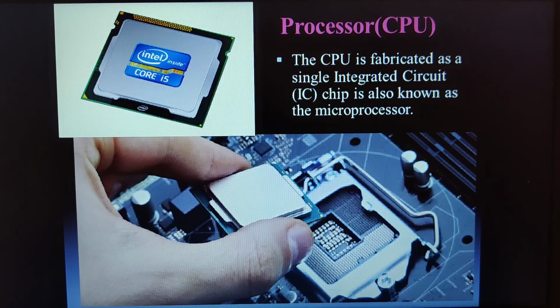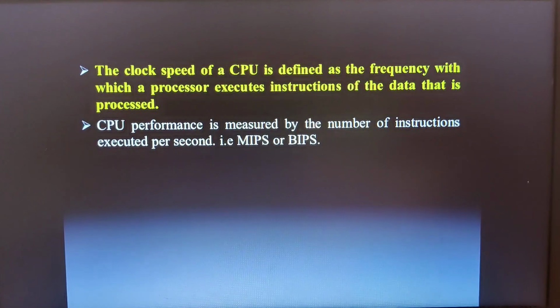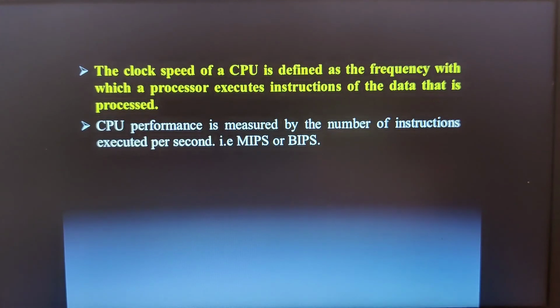The computer's operation is linked to the speed of the system clock. The clock speed of a CPU is defined as the frequency with which a processor executes the instructions or the data that has been processed.